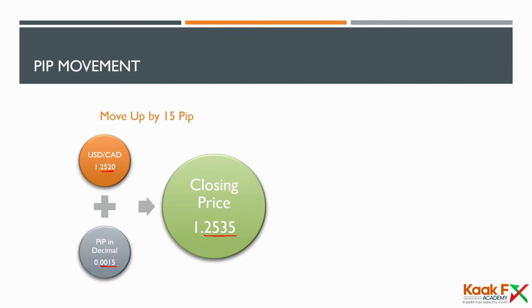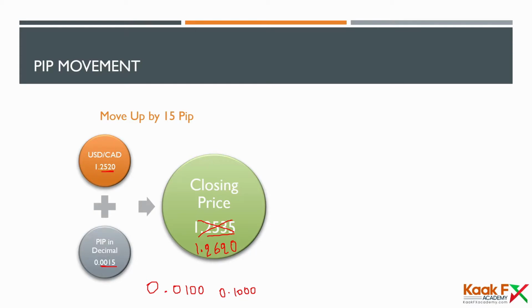Let's say it's not 15 pip but 100 pips, so it would be 0.0100. That's what we are adding, so it would be 1.2620. If it's 1,000 pip, it would be 0.100. That's how pip is converted into decimals, then added to this number to find the final closing price.